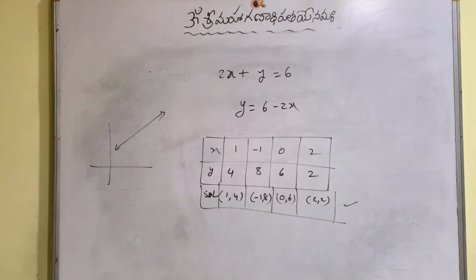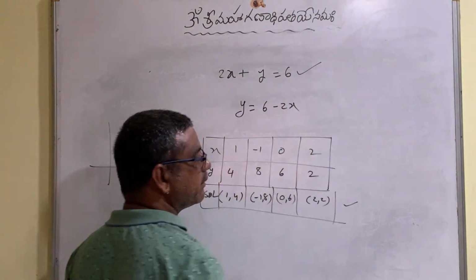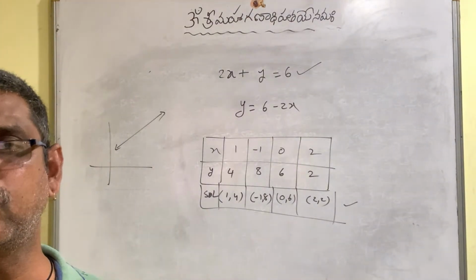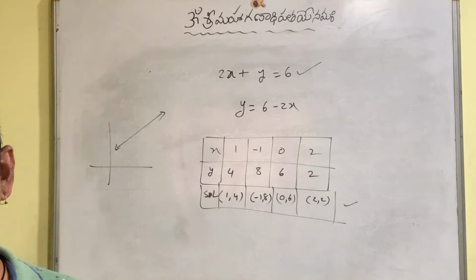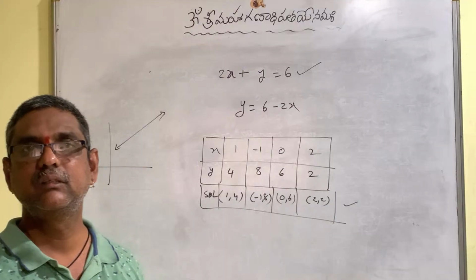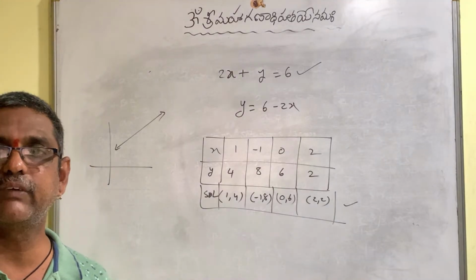For a linear equation in two variables, how many solutions can we find?